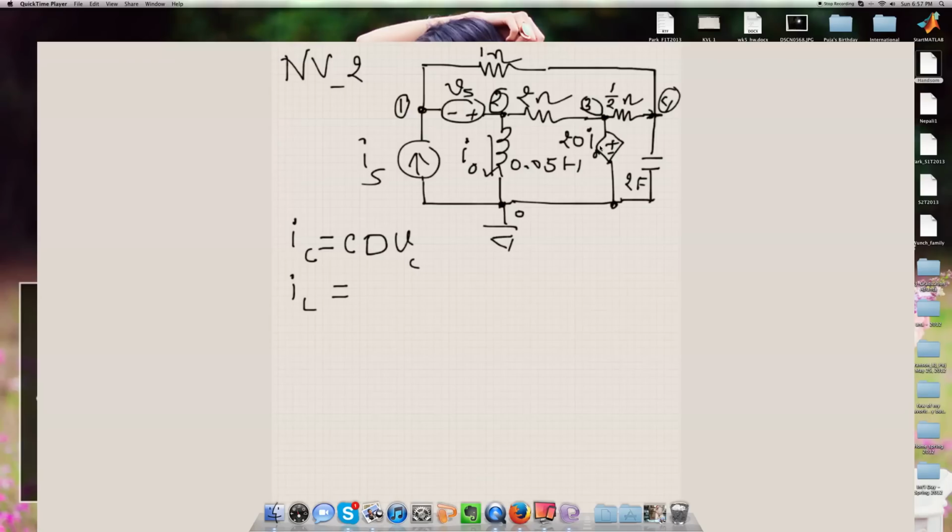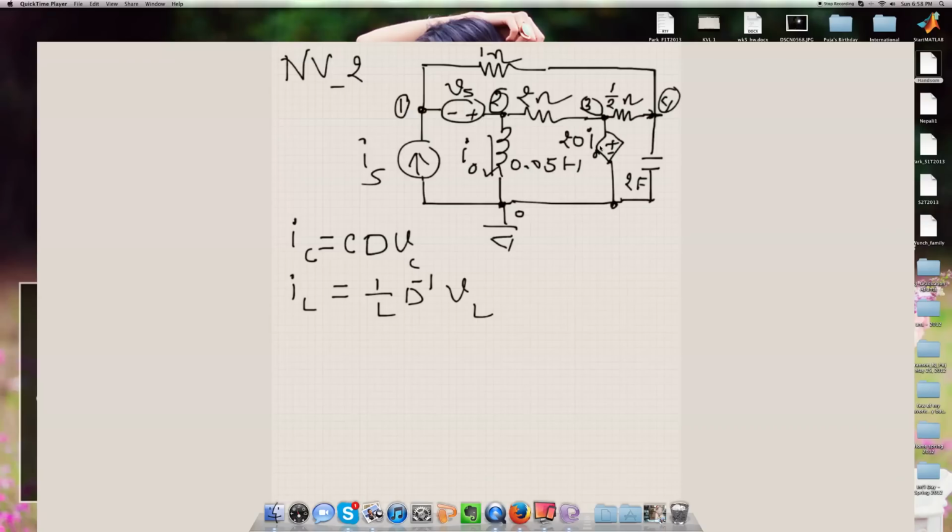I sub L is 1 over L times the inverse of D, which is D to the minus 1. So it is the inverse of differentiation, namely, it is integration, times V sub L. So we will use this relationship.